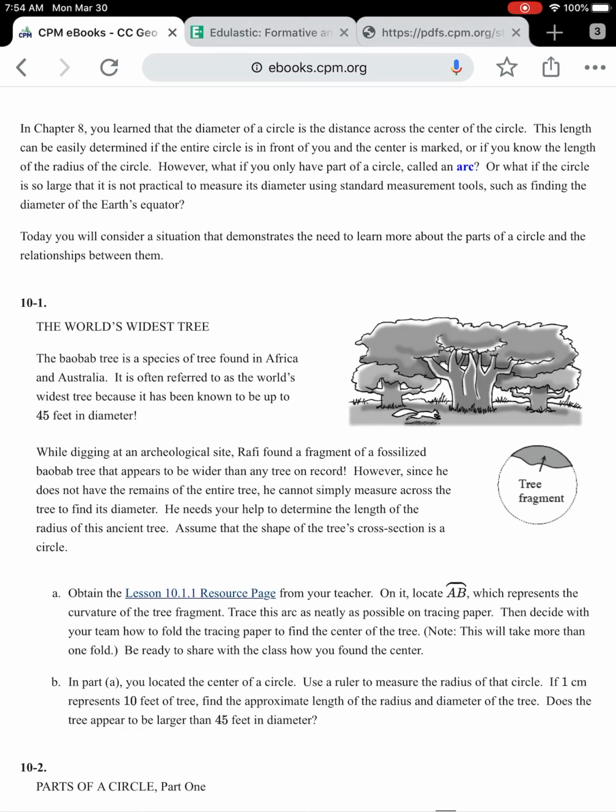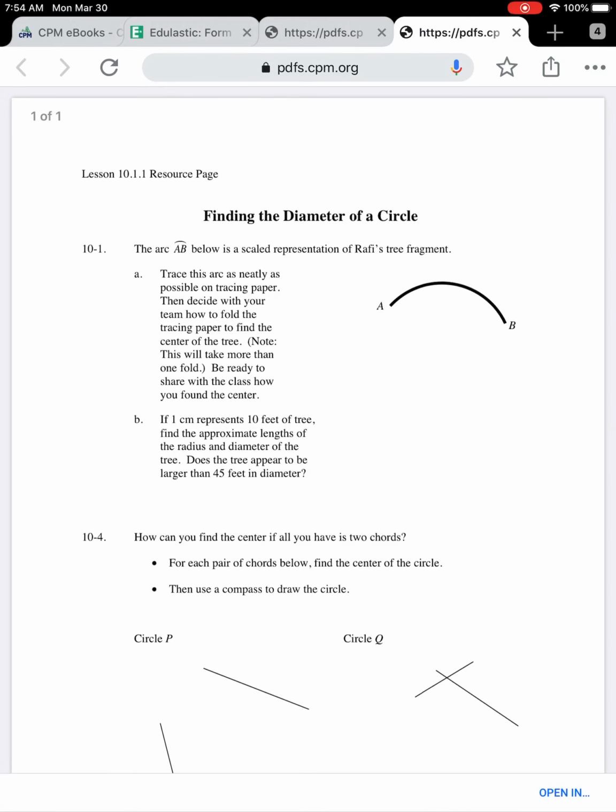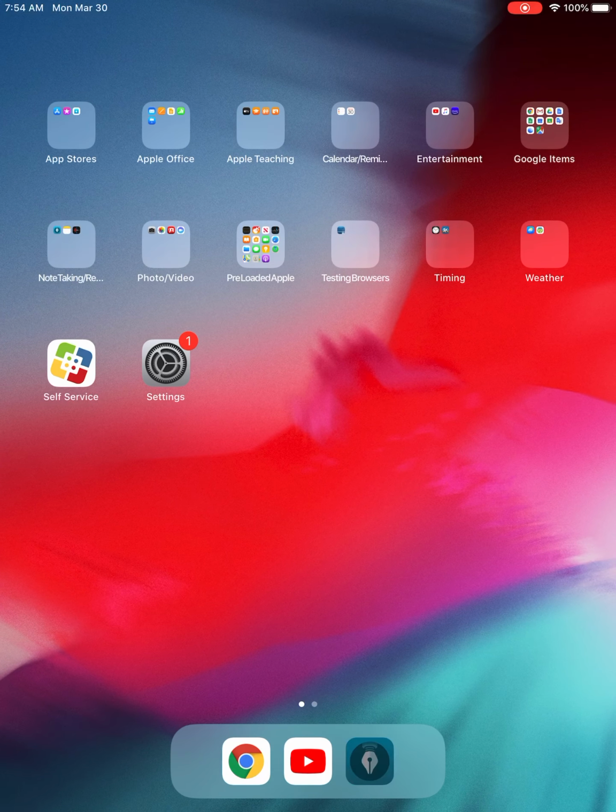So in this situation, we had someone who found just a segment of a tree that's shown shaded in that circle that says tree fragment. But then also on the resource page, we were given that arc AB and asked if we could work with that. So let's sketch arc AB.